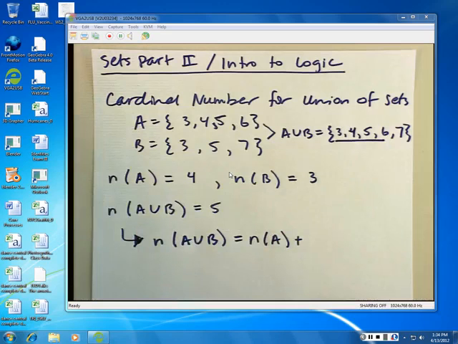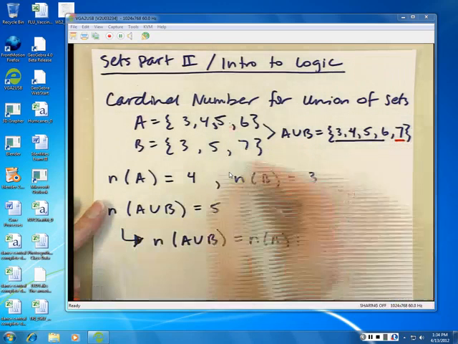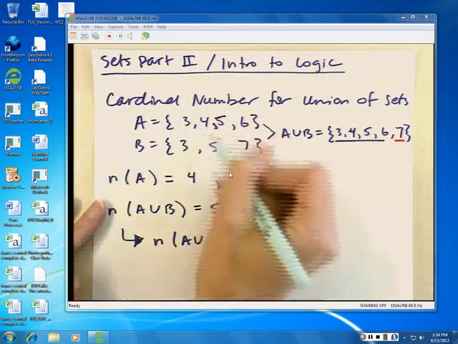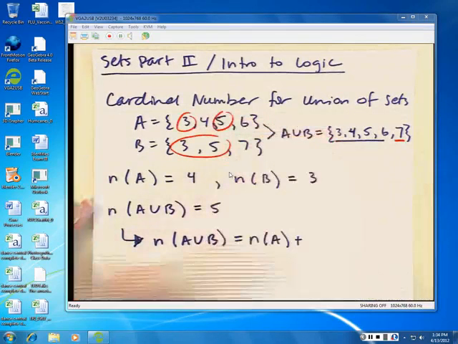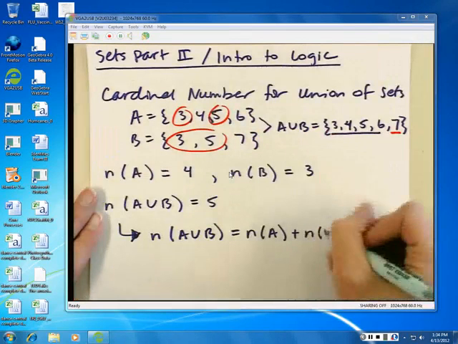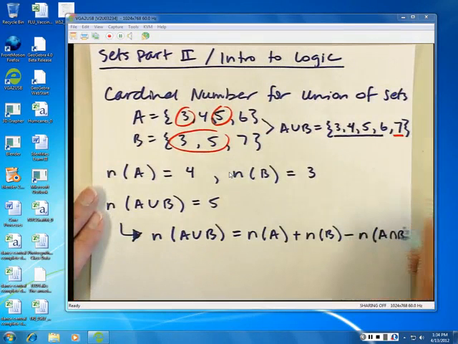Another way of saying that is we're going to add elements from B that aren't already in there. So really what I excluded were these values that are in the intersection. So I added elements from B, but not in the intersection.